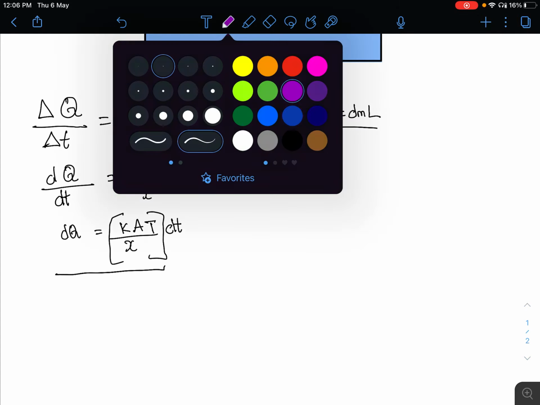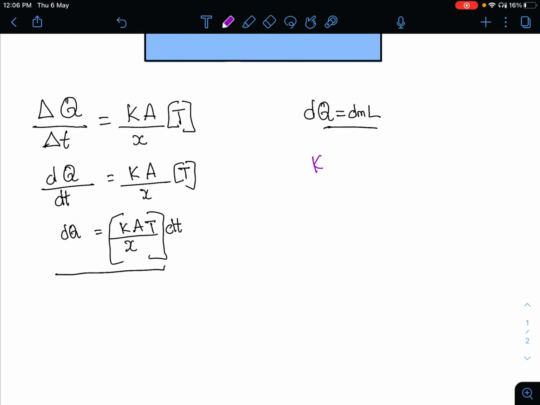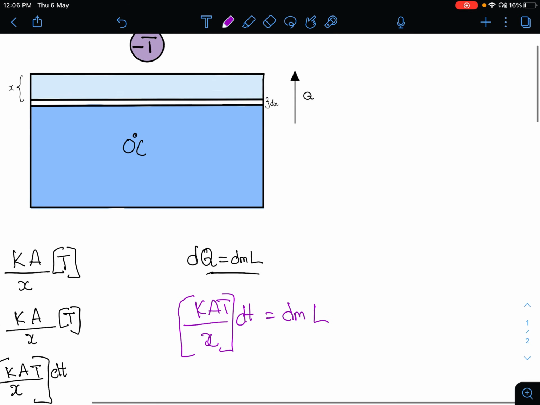And what is that equation? KAT by x into dt is equal to dm into L. Now for the small mass dm, can I write it as area into dx? This gives us the volume, into rho, where rho is the density of water.